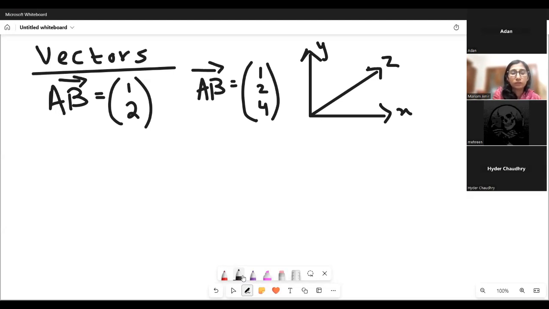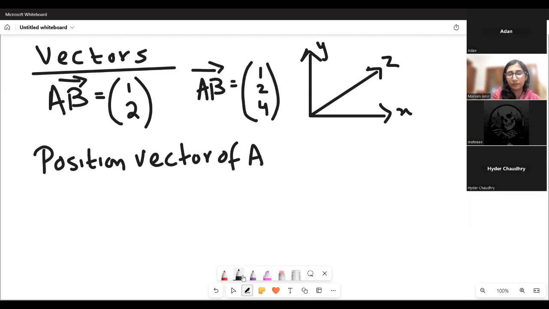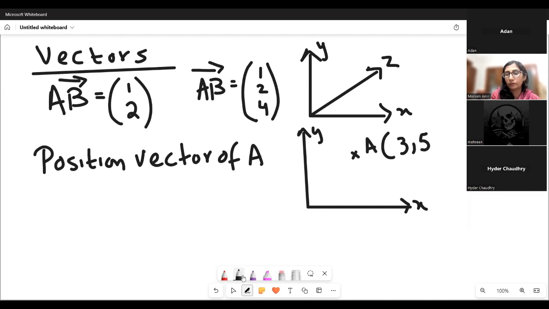Then from O-levels, you know what the position vector of A is. Let's say there's a point A on a 2D plane whose coordinates are 3, 5. Then what is the position vector of A?